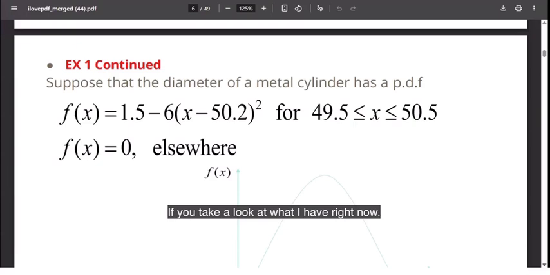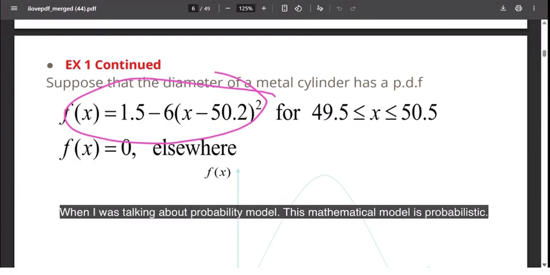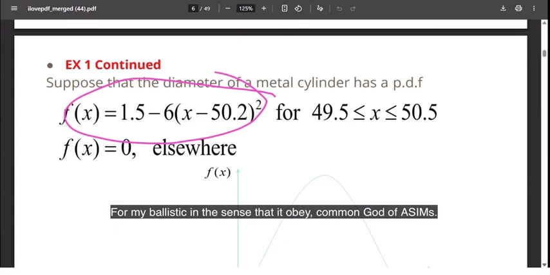If you take a look at what I have right now, this is a mathematical model. You remember the other time when I was talking about probability models? This mathematical model is probabilistic in the sense that it obeys Kolmogorov axioms of non-negativity.